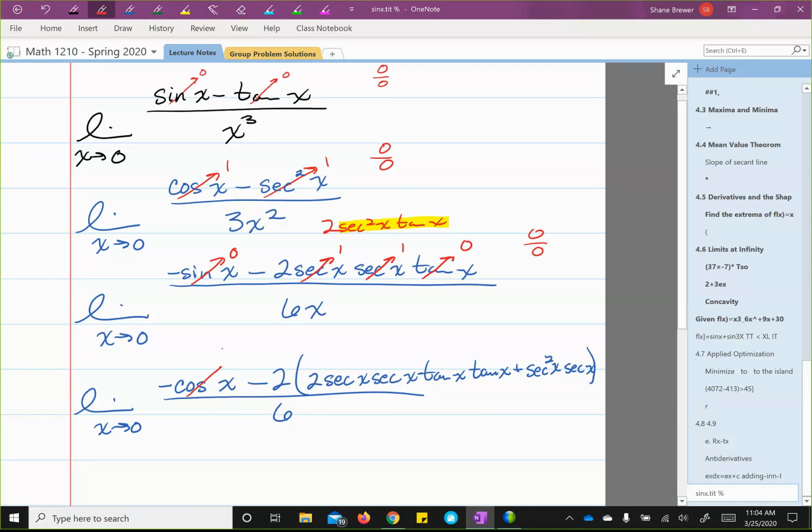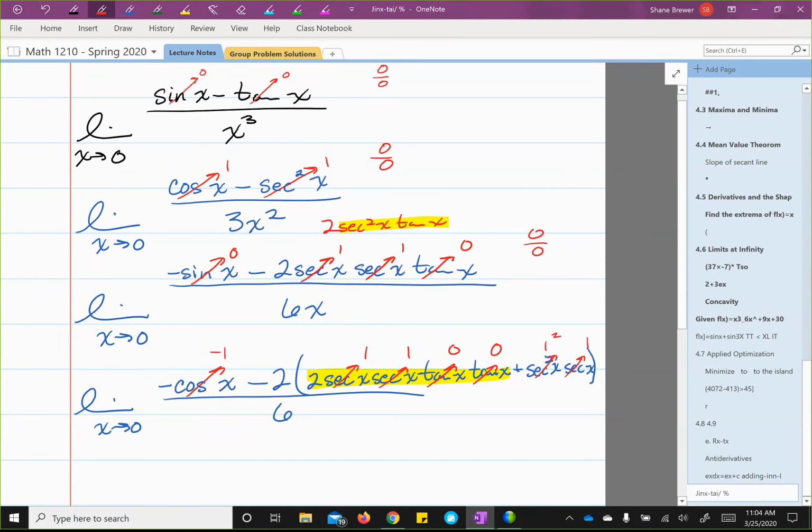So this would be a minus 1. This will be a 1 and a 1 and a 0 and a 0. So that whole term disappears. And then this becomes 1 squared and a 1. All right.